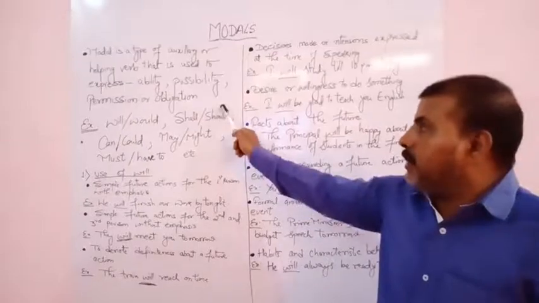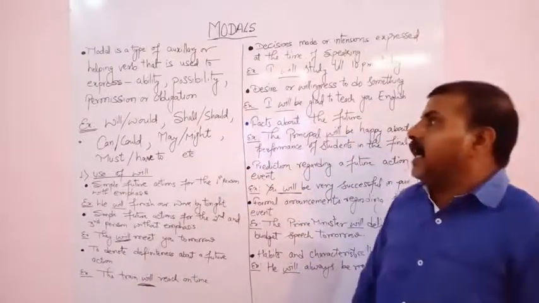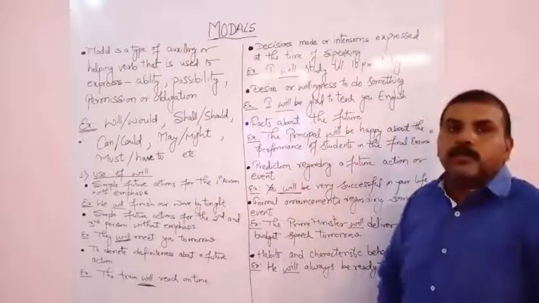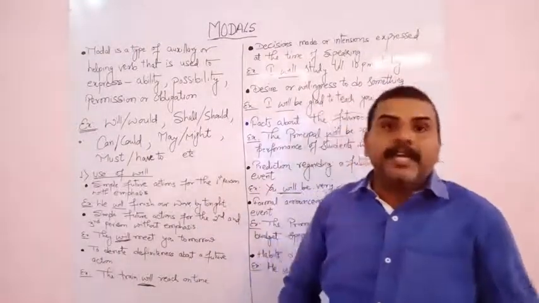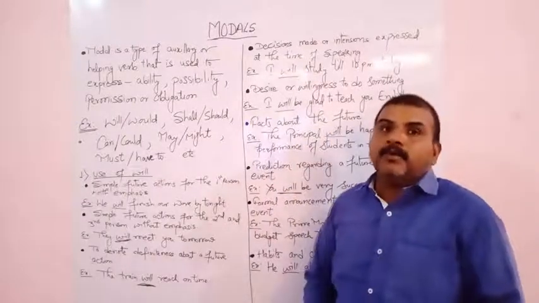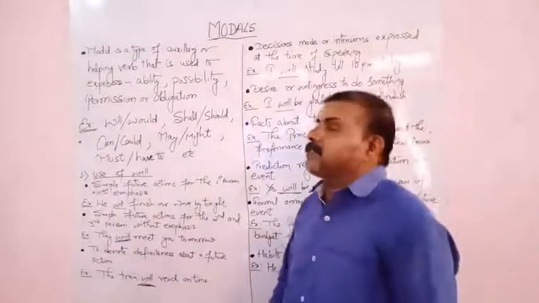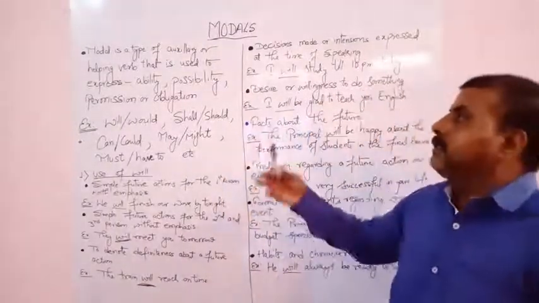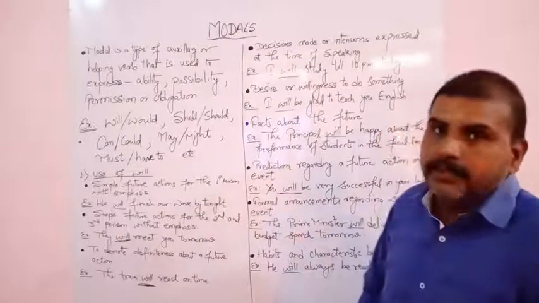The modals are: will, would, shall, should, can, could, may, might, must, have to, ought to, need. Such words we call modals, that denote future action also, and those words express either ability, possibility, permission or obligation.